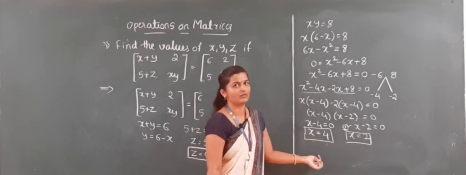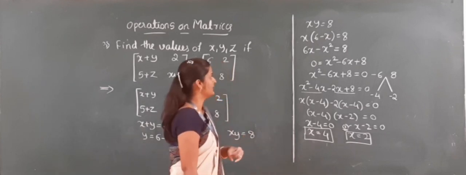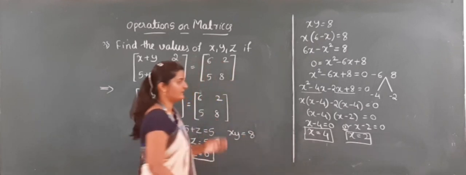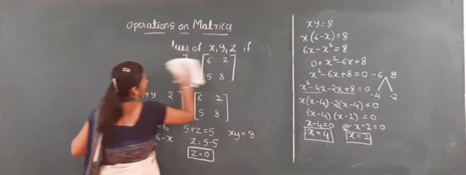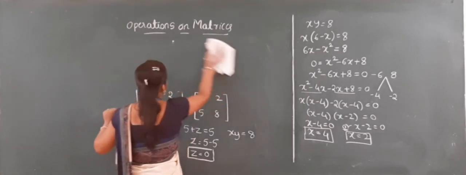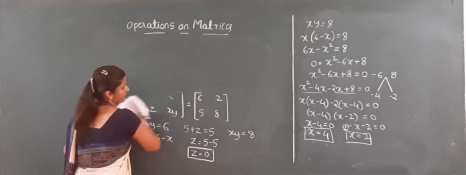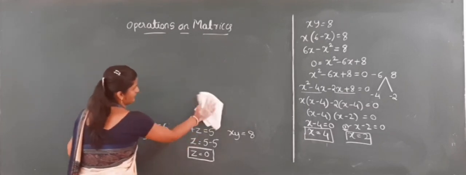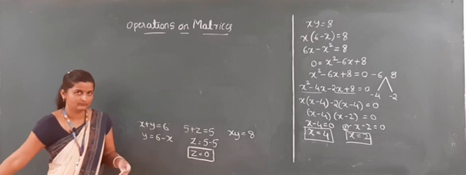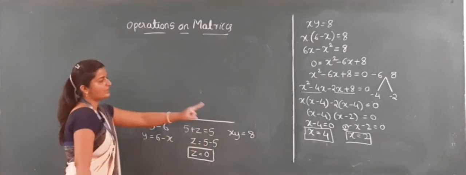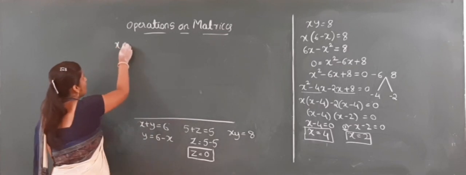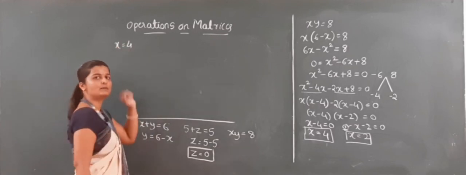Similarly we have to find the y value also. So how do we get the y value? Please note it down. For the next calculation we require this one. So if x equal to 4 is our answer, what will be the y value?